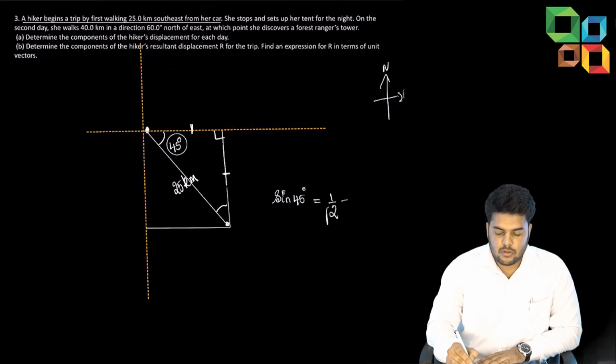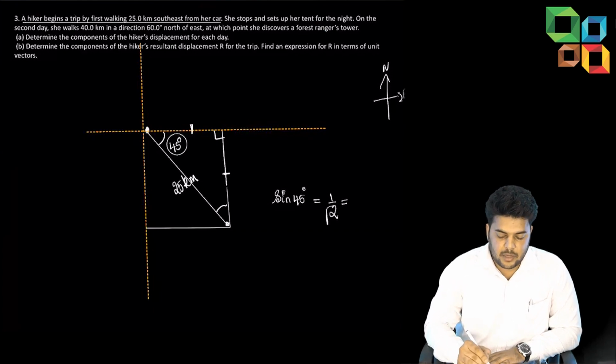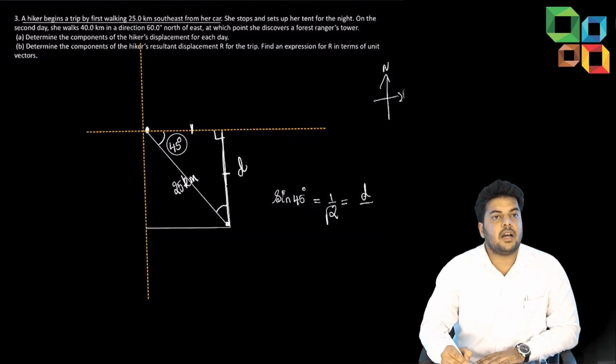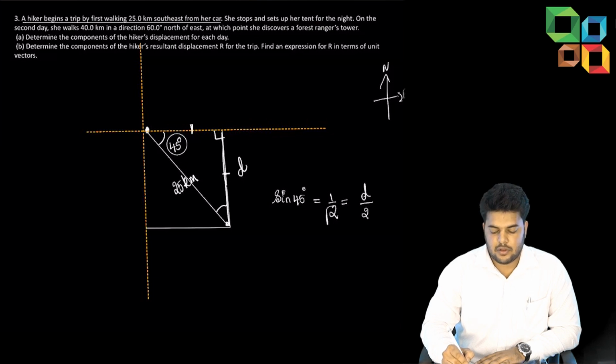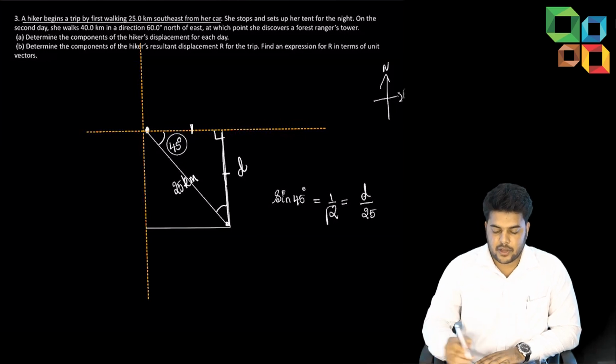But also, what is sine of 45? Opposite by hypotenuse. Opposite is nothing but this distance, so let's call that distance d. So d divided by hypotenuse. What is the hypotenuse here? 25. I mean the length of the hypotenuse is 25. So this would give me the d.